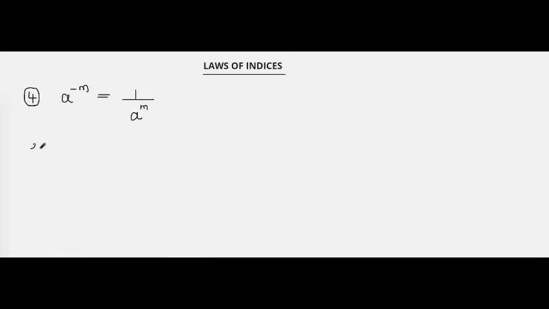So for example, for the first one I had got an answer of 3 raised to negative 3. I can simply write it as 1 over 3 raised to positive 3. And now I can simplify it as 1 over 3 times 3 times 3, giving me an answer of 1 over 27.